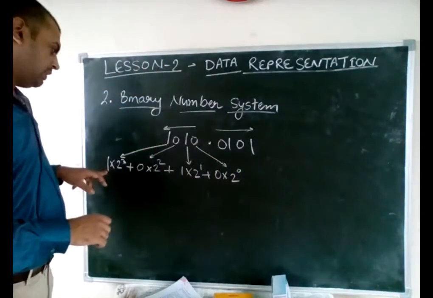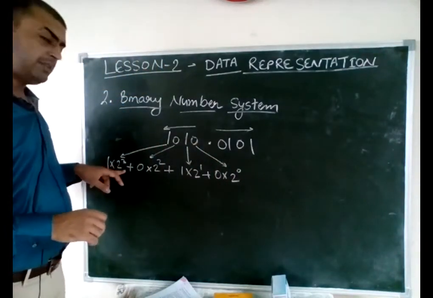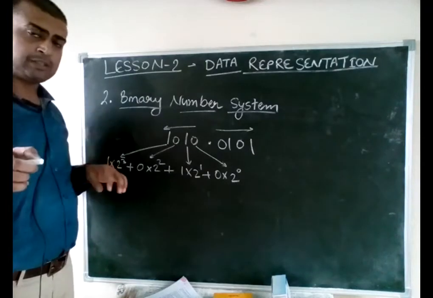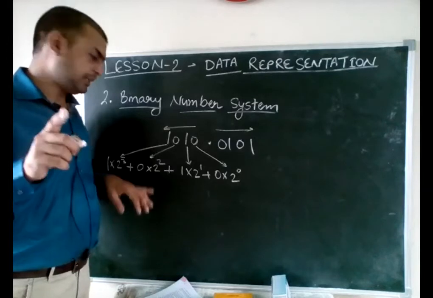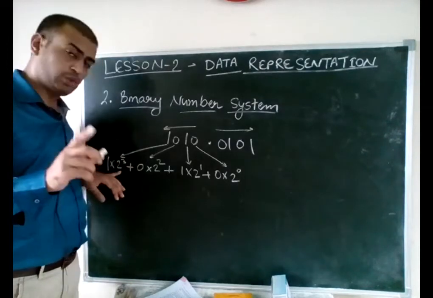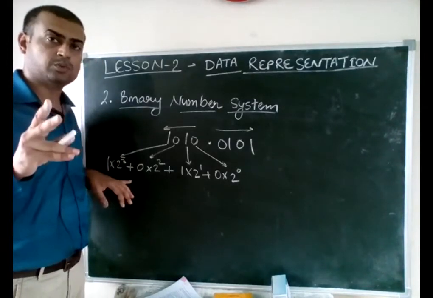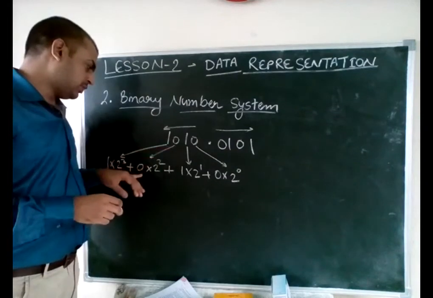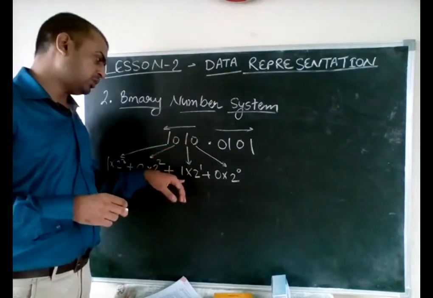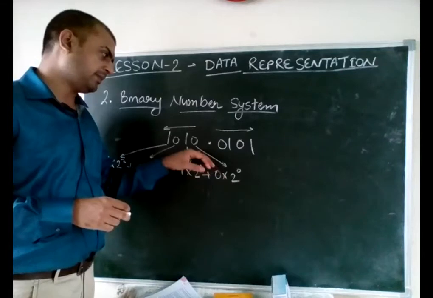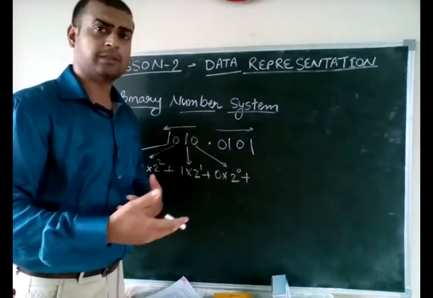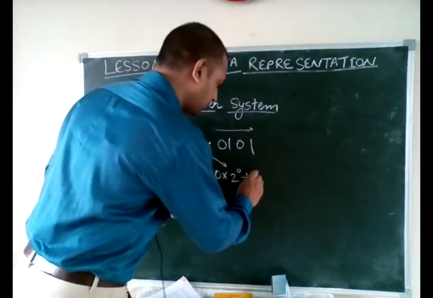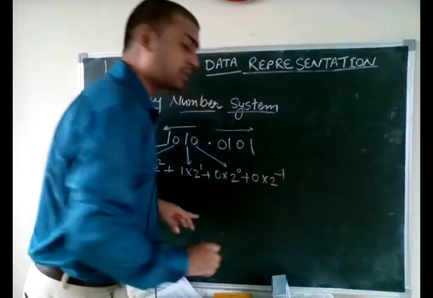This is 1 into 2 to the power 3. Why have we taken 10 in the decimal number system? Because in the decimal number system the base is 10, and in the binary number system we will use 2 because its base is 2. This 0 into 2 to the power 2, 1 into 2 to the power 1, 0 into 2 to the power 0, plus, very similar to the decimal number system, 0 into 2 to the power minus 1.